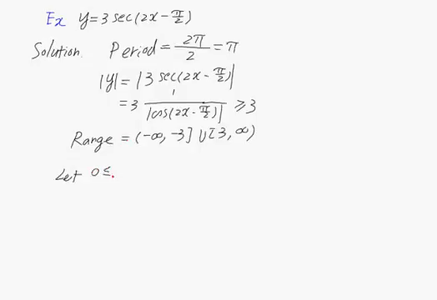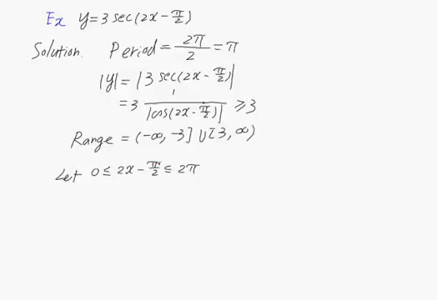So we let 0 less than or equal to 2x minus half pi less than or equal to 2 pi. Then we solve this inequality. We can find the fundamental cycle of this function.